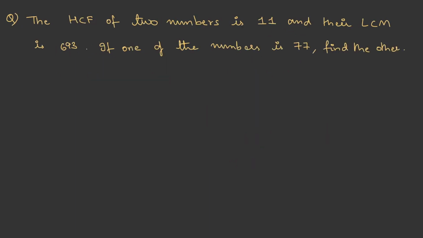Before I close this concept, let me do one more final question. The HCF of two numbers is 11 and their LCM is 693. If one of the numbers is 77, find the other. There is a standard formula for this type of question. When we have two numbers, a into b is equal to the LCM of a, b into HCF of a, b. So when you multiply HCF and LCM, it basically gives the product of the numbers.